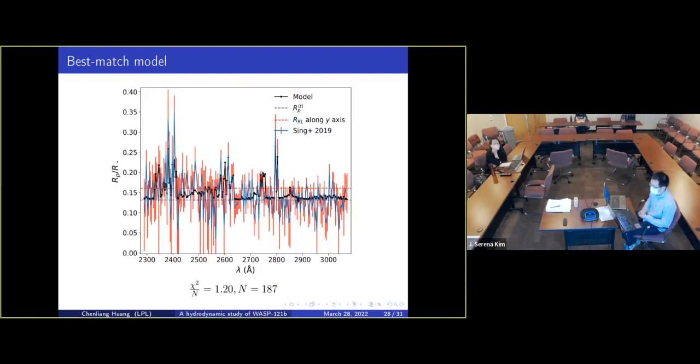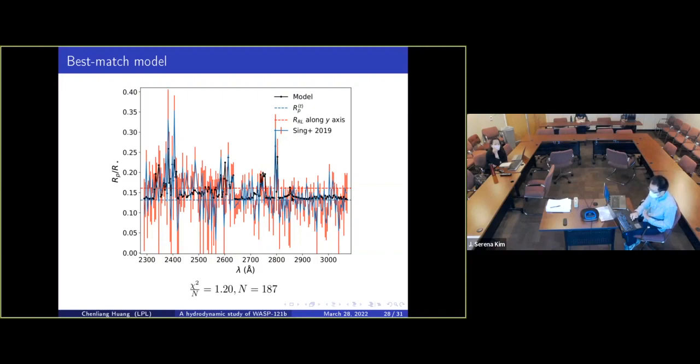So go to the transmission spectrum. This is the near UV part. The chi-square is similar. We also need to boost the iron abundance by a factor of 6 to match the iron features here. For the magnesium features, the magnesium abundance is just the solar atmosphere abundance, and it matches the observation well.